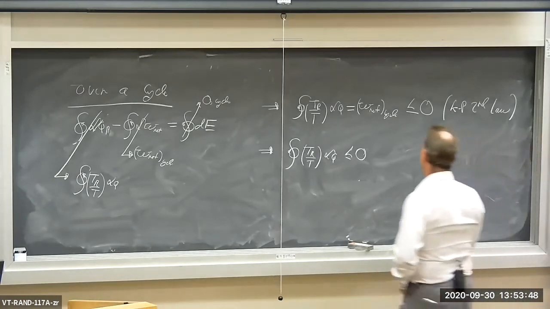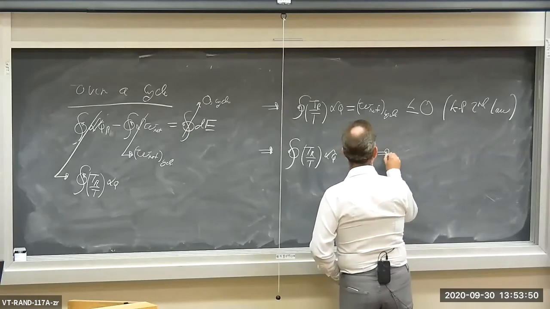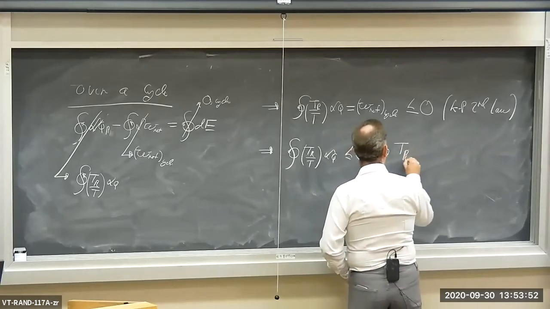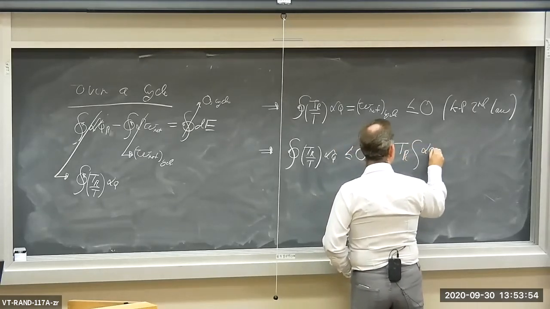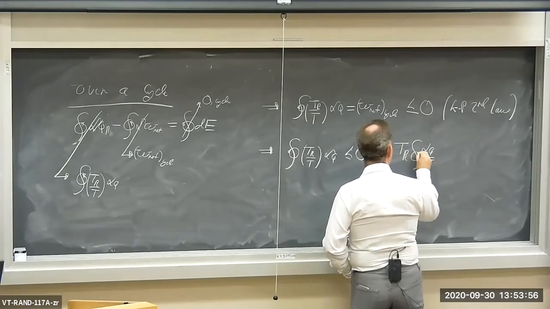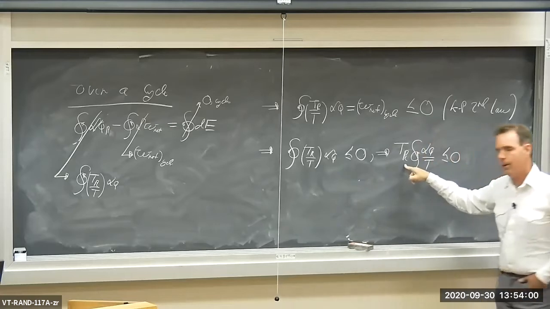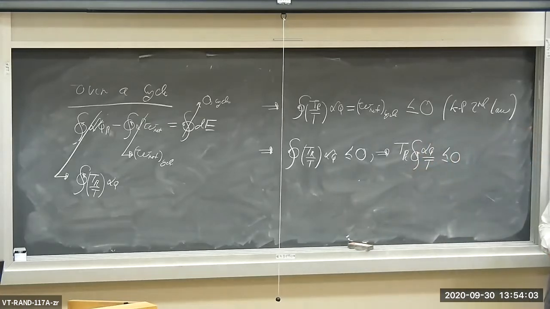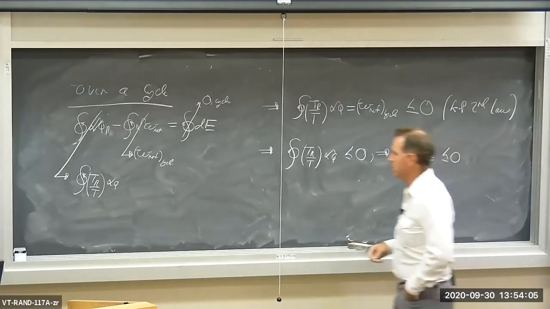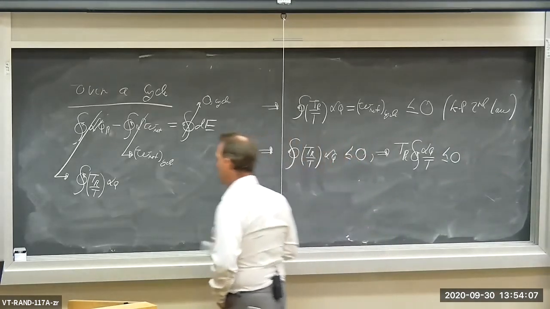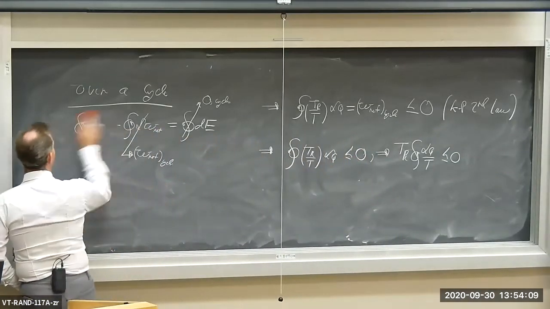So we have TR times the integral of del Q over T over a cycle, less than or equal to 0. Then I divide both sides by TR, and I still get an integral which is less than or equal to 0.